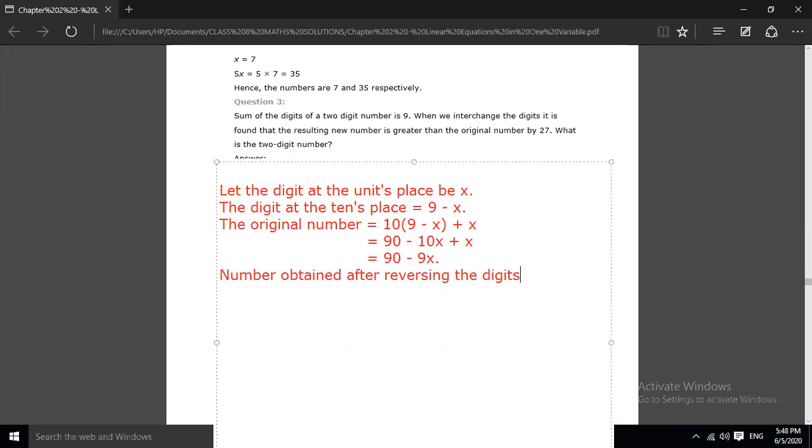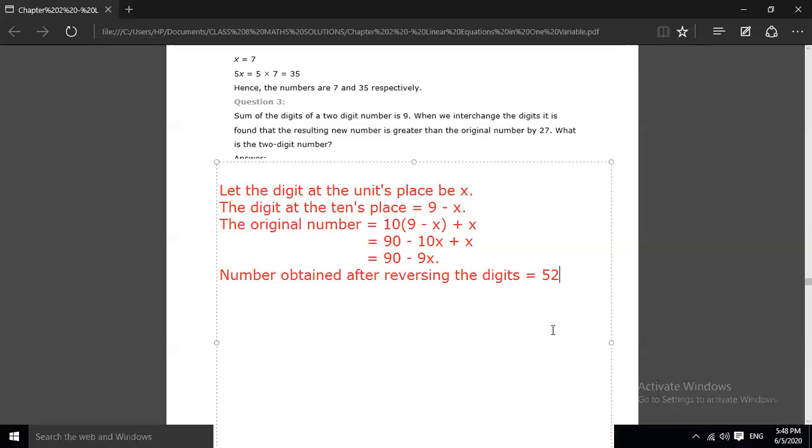So what is that number? For example, 25, when we reverse it, becomes 52, so 5 comes at the tens place.